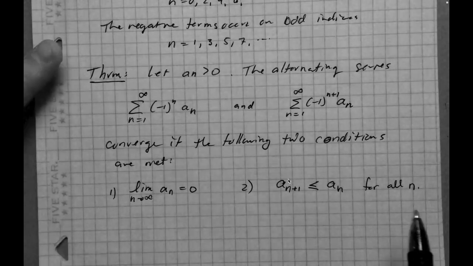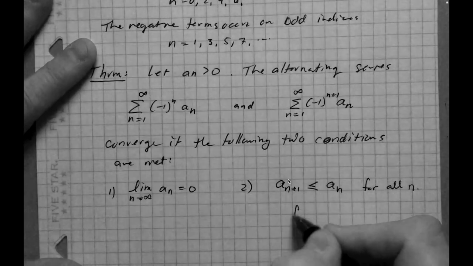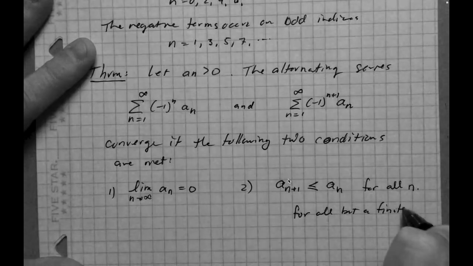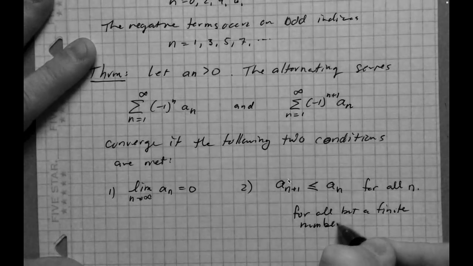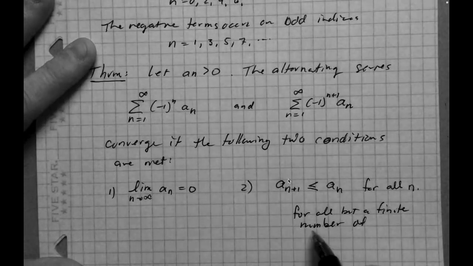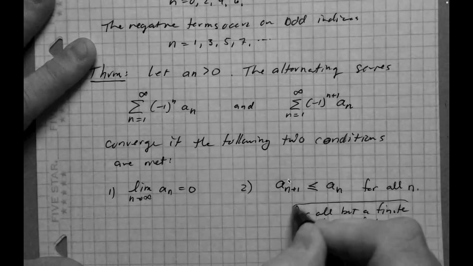Now, when I say for all n, what I really mean here is for all but a finite number of terms.